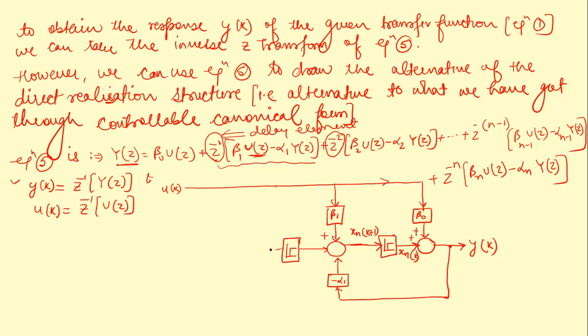So let us say that the output of this delay element is xn minus 1 k, right? However, the input to this delay element is xn minus 1 k plus 1.